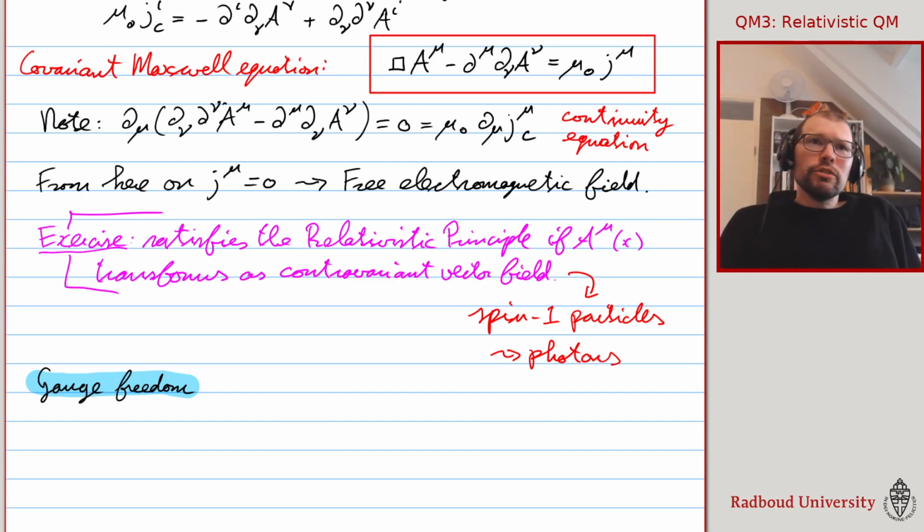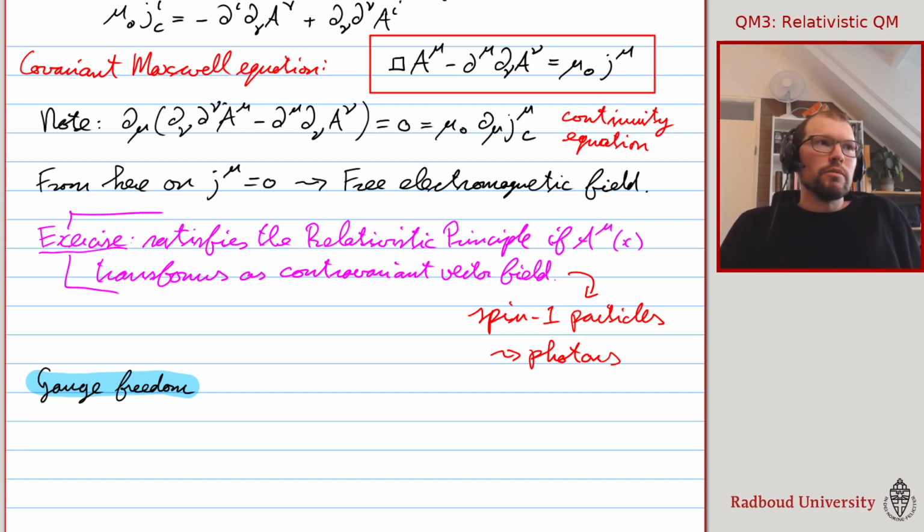So we managed to reduce the number of equations from 4 to 2. Then we group these two equations into a four-vector equation. But this reduction does come at a cost, something that I'm sure you've encountered before. And this is the fact that the vector potential and the scalar potential are not directly measurable.